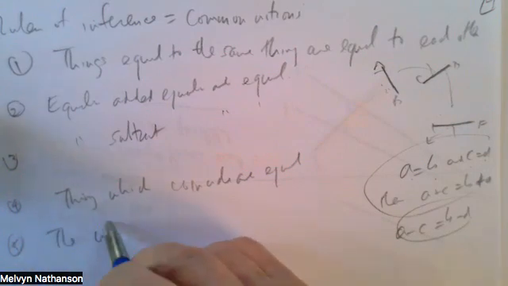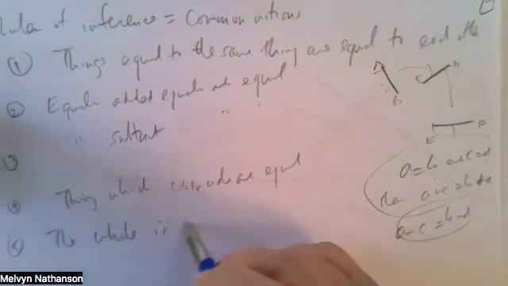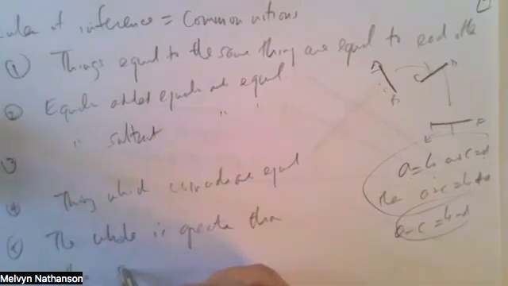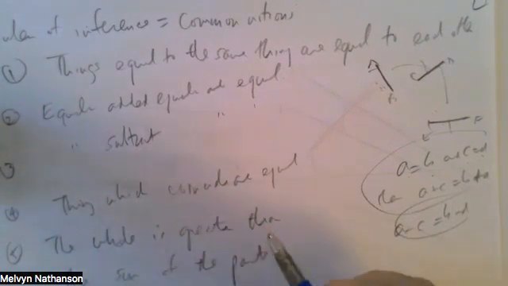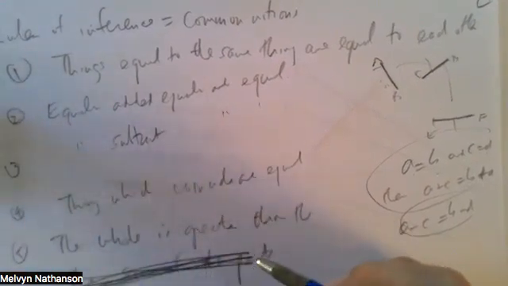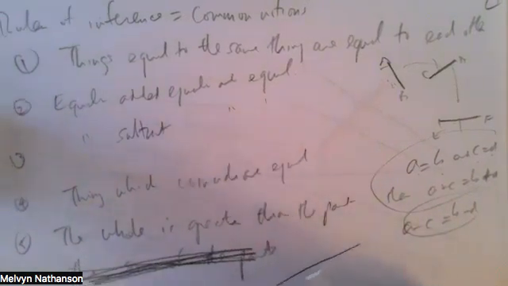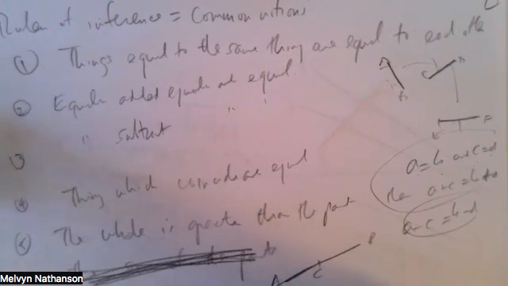And the fifth is the whole is greater than the part. So if you have a long line AB, and if AC is part of it, AB is greater than AC, because AC is part of AB.